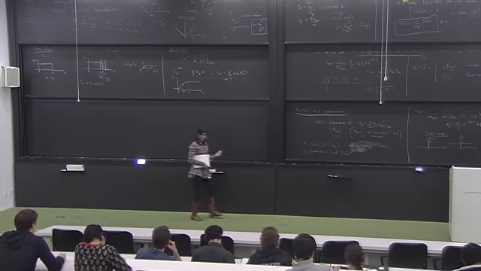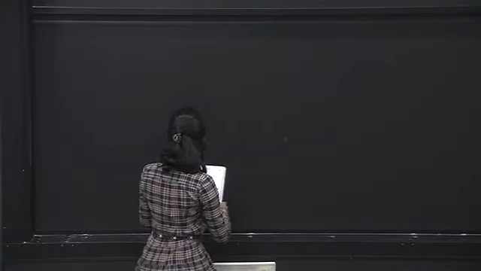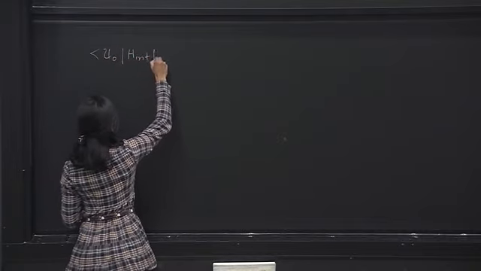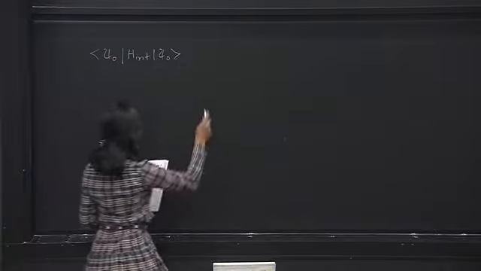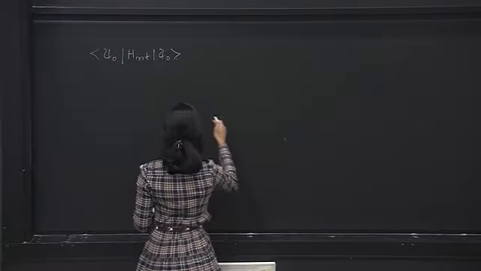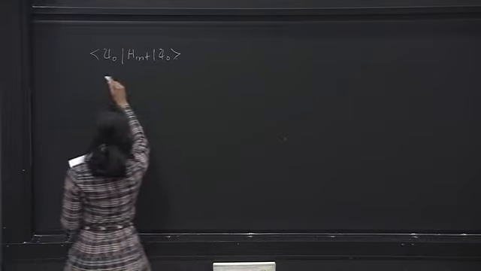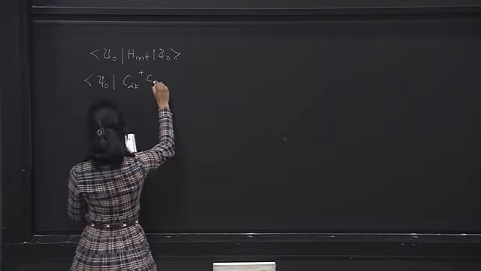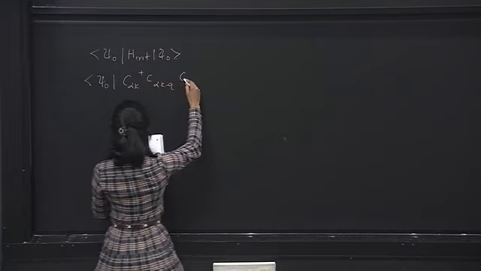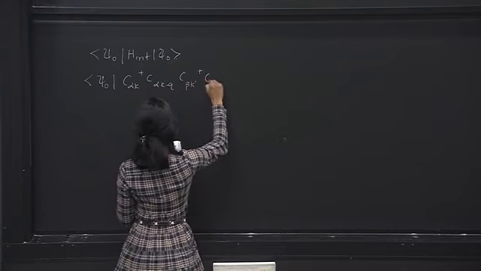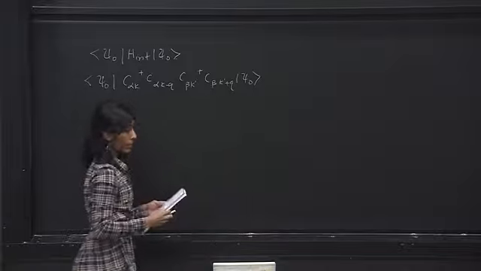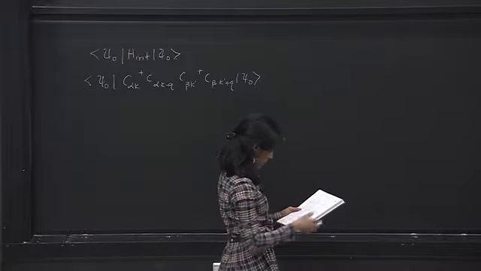To calculate H int sandwiched between psi 0, we're going to use Wick's theorem. So we want to calculate this bit first. And to do this, we need to know what something like this looks like. This is clearly the only determinant that we need to know, and then we have to sum things up.